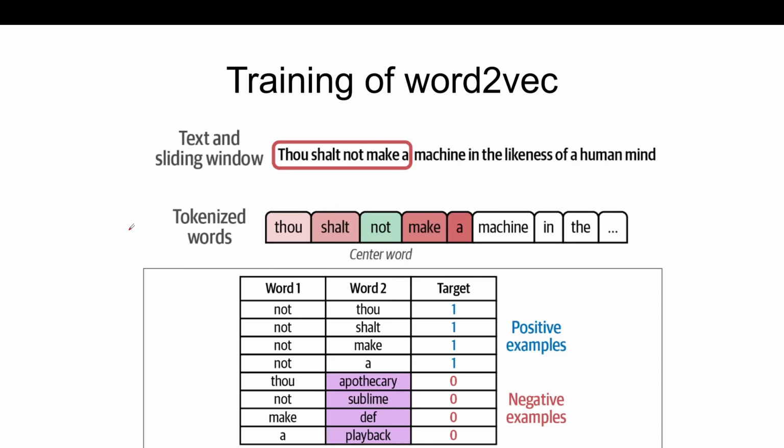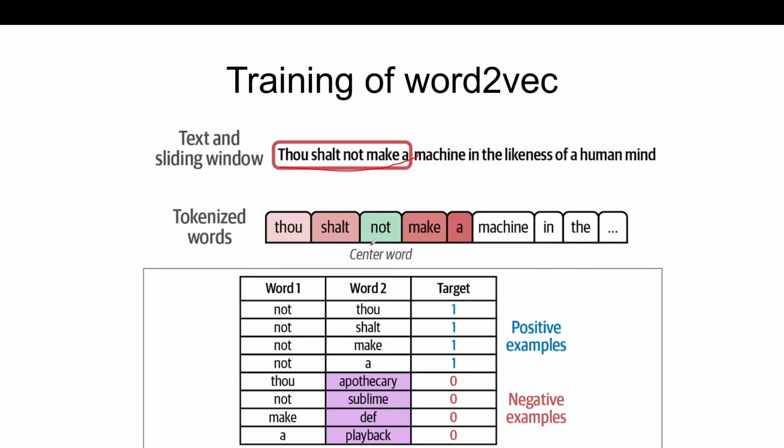To do that, first we need to figure out what we mean by two words that are close to each other. So we use a sliding window like this, and in the sliding window we have a center word.